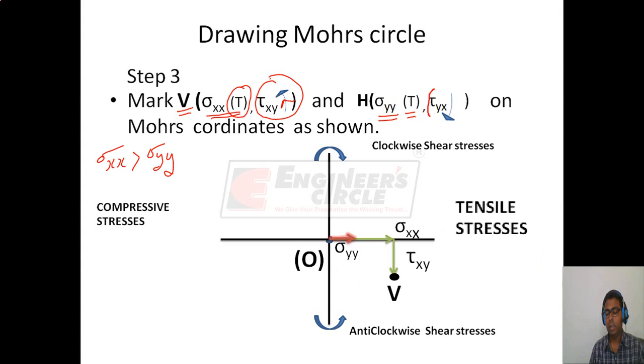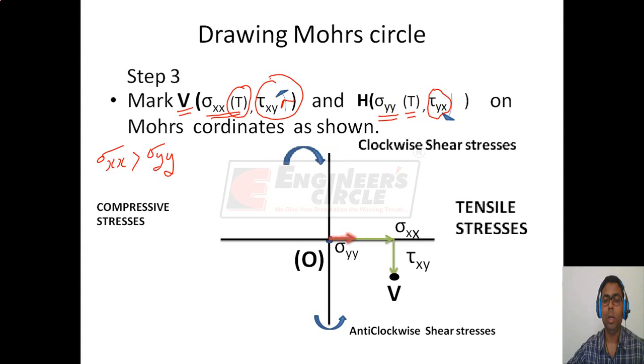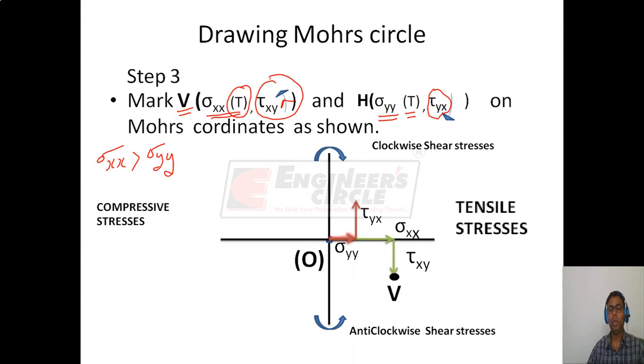The y coordinate is tau yx, which is to be marked on the vertical axis. The arrow shown with tau yx is in the clockwise direction, so it has to be marked above the origin, as clockwise shear stresses are marked above the origin like this. So we get point H like this.